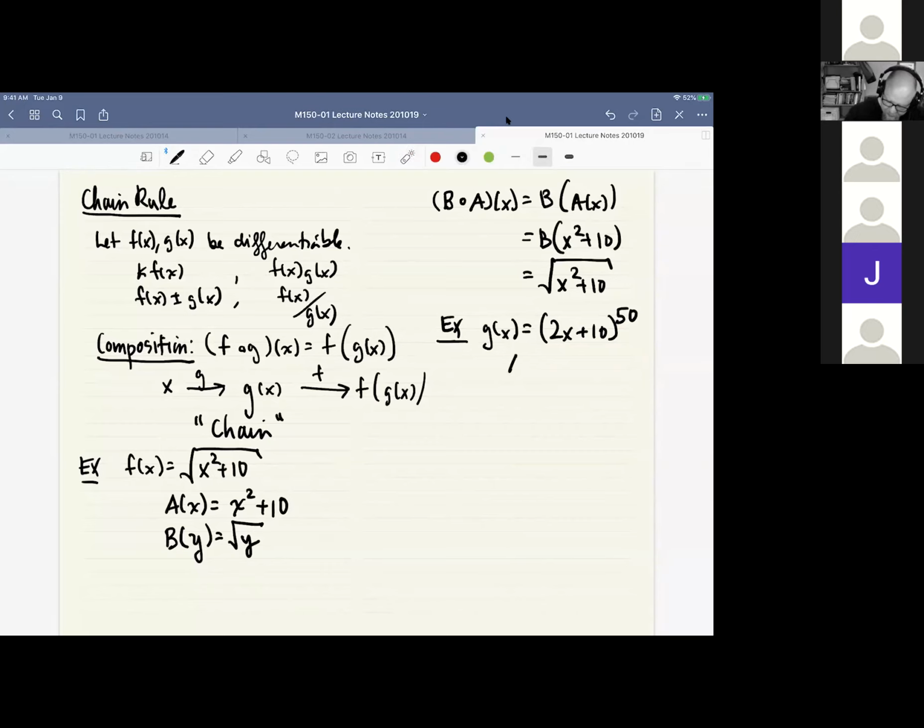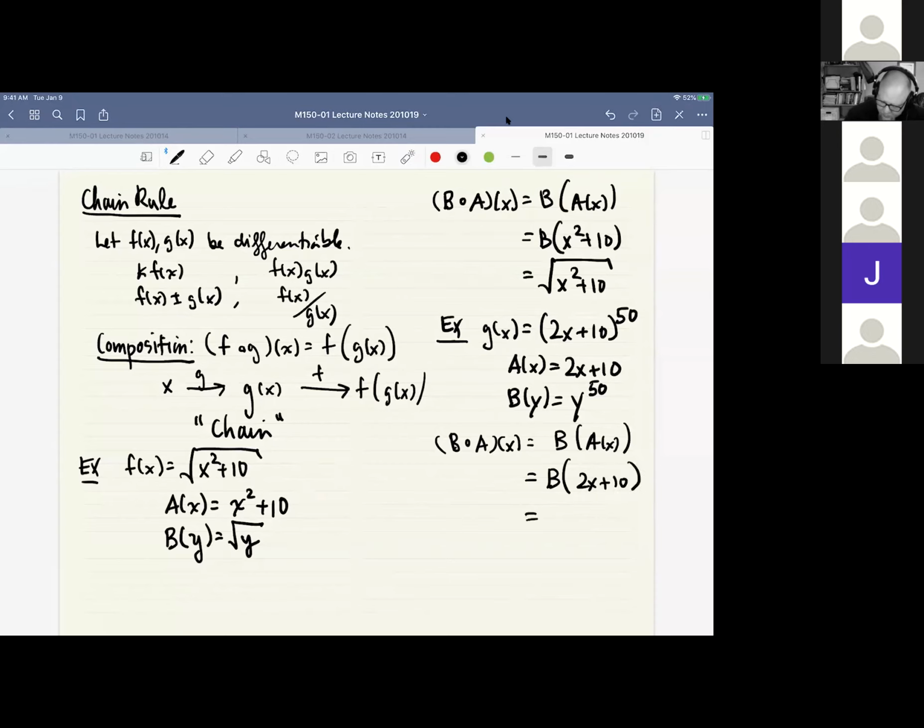And it turns out here that if we take a to be 2x plus 10 and b to be the monomial of taking the 50th power, then the function g here can be decomposed into these two functions. B composed with a, which is b of a of x, and a of x is 2x plus 10.